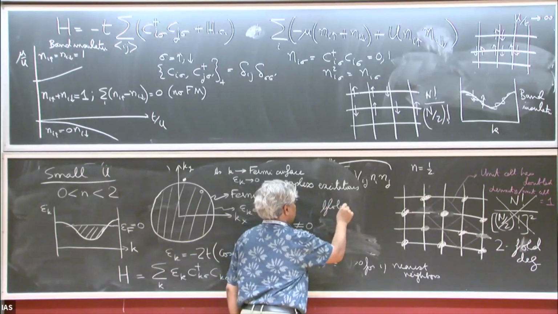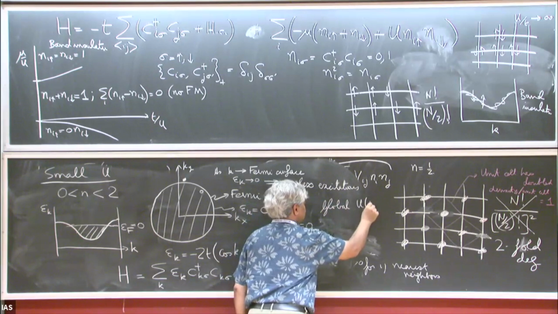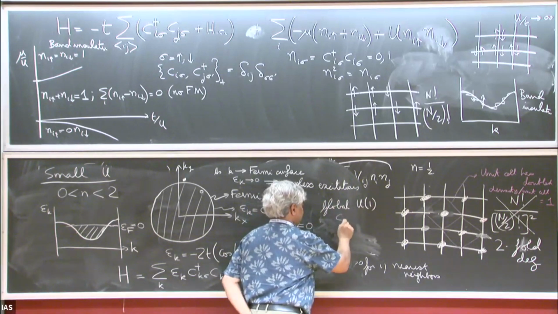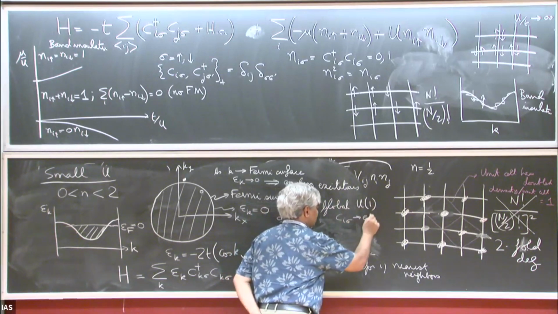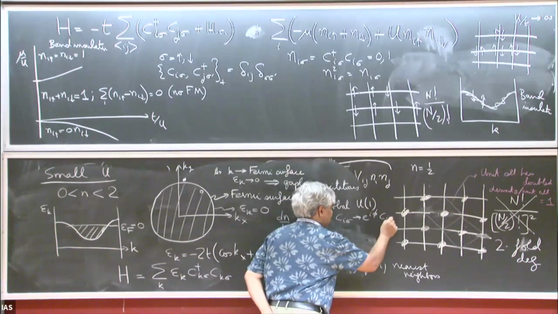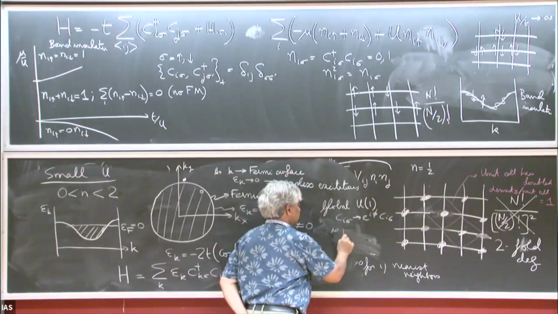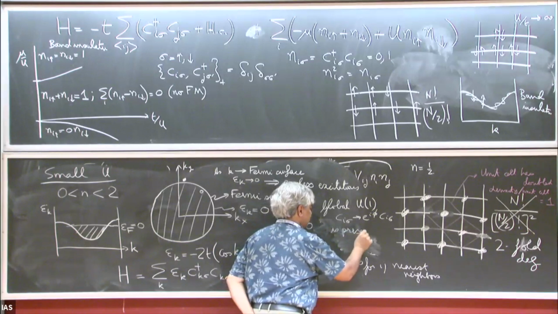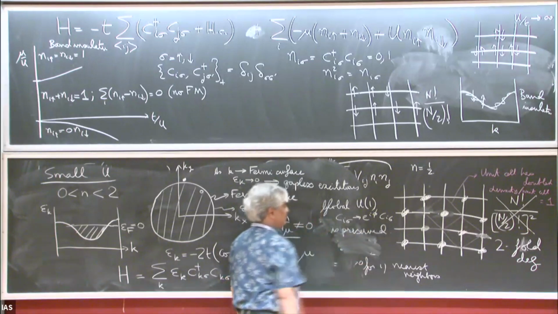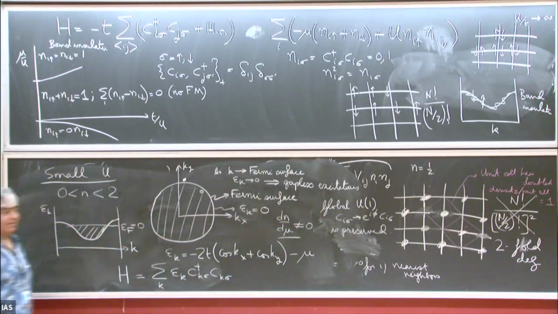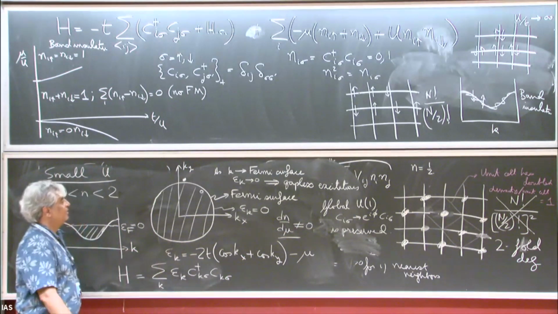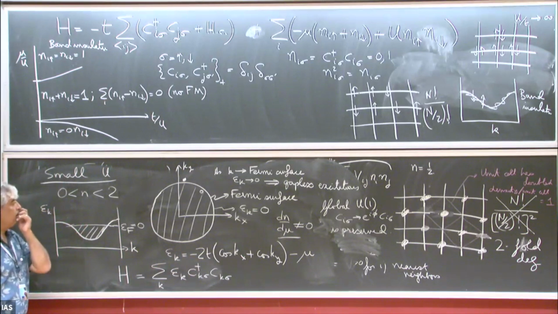Global U1 associated with particle number, which is C i sigma goes to e to the i phi C i sigma, is preserved. So it's not a superfluid. It's sometimes called a perfect metal, which is different from a superfluid because the symmetry is not broken.